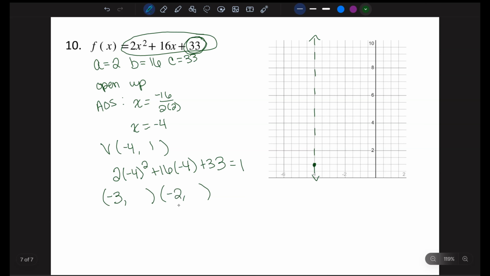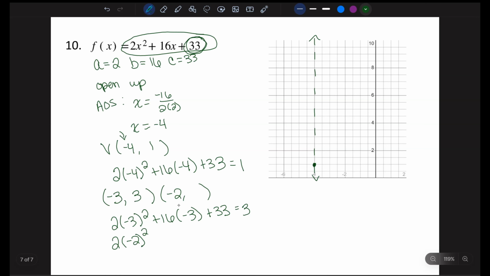Again, that's just to the right or left of that x value of your vertex, also known as the axis of symmetry. So when I plug in negative 3, I have 2 times negative 3 squared plus 16 times negative 3 plus 33, which gives me 3. I'm going to do the same thing for negative 2.